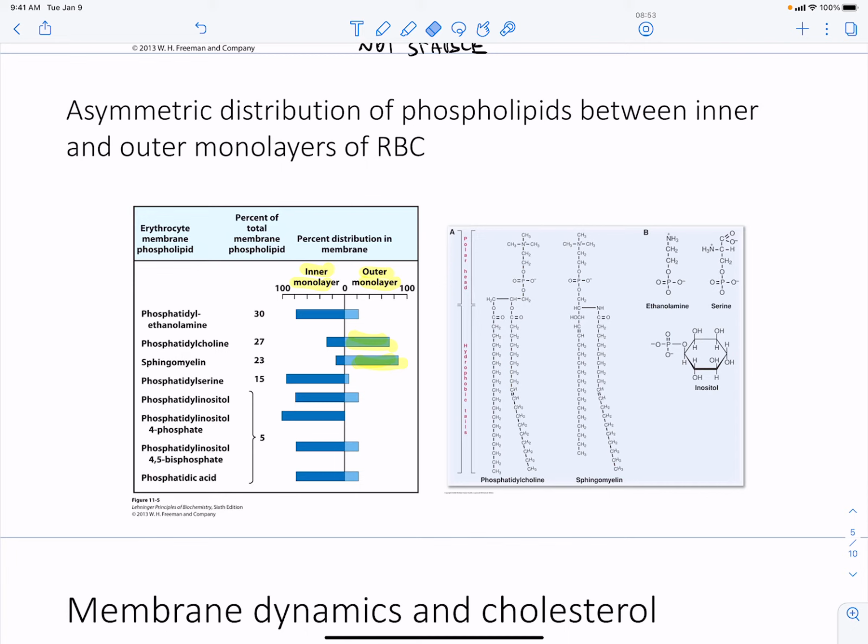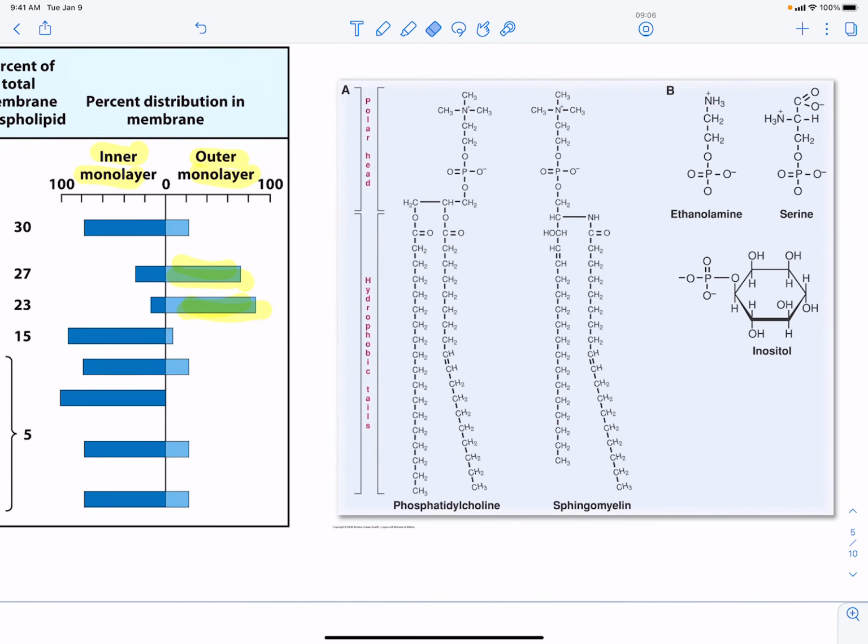There's some overlap, but you can always say that if it's a phosphatidylcholine, it's on the outside. If it's a phosphatidylinositol or a phosphatidylserine, it's going to be on the inside. And then we have the shapes. Here we have our polar head groups and our hydrophobic tails. The hydrophobic tails embed themselves in the membrane, whereas the polar heads are exposed to the aqueous environment.